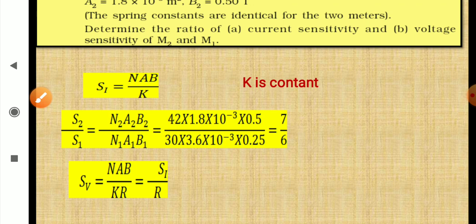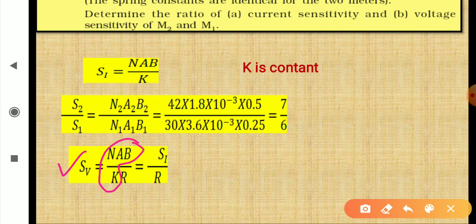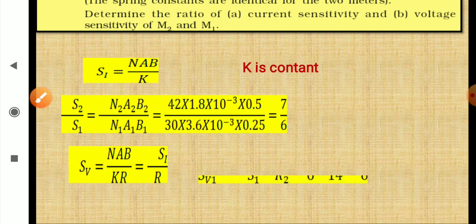Now, see, the voltage sensitivity is NAB upon KR, and this NAB upon K is current sensitivity. So, I can put current sensitivity upon R, right? And from here, you can see that voltage sensitivity and resistance are inversely related, and voltage sensitivity and current sensitivity are directly related.